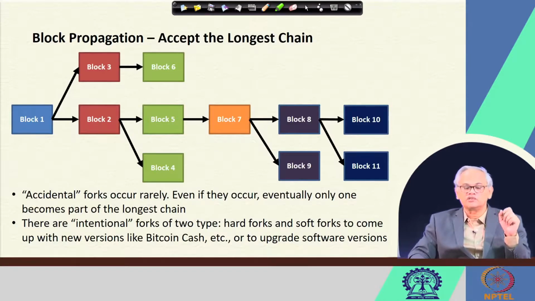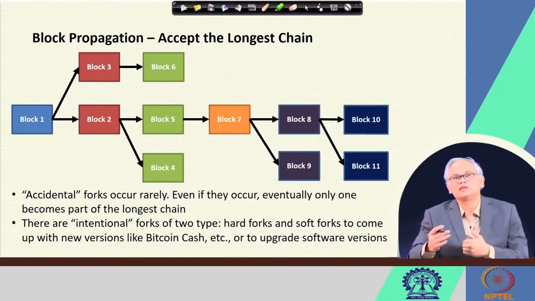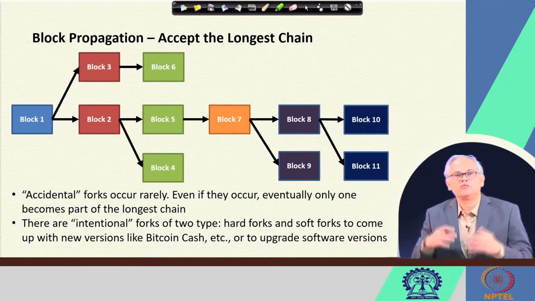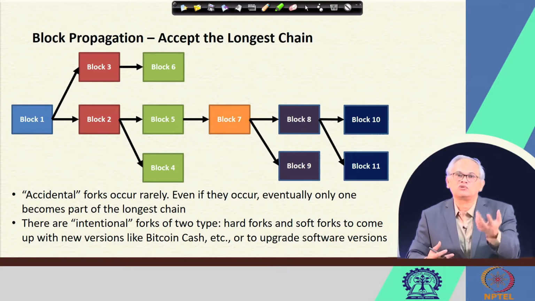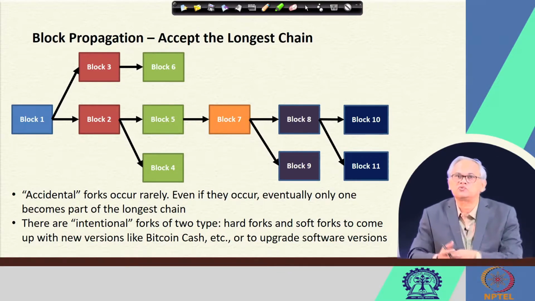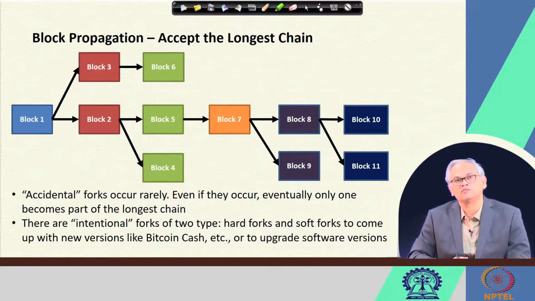But what can happen is that when several such miners are trying to generate the new block, it is possible that after block 1, two miners almost simultaneously generate blocks, one generated block 2, another generated block 3, and some of the nodes got block 3 first, and they added the next one, which became the next block in the chain, shown here as block 6.